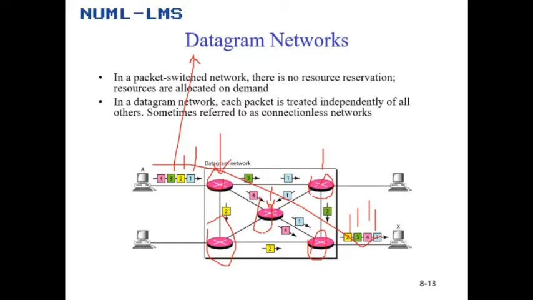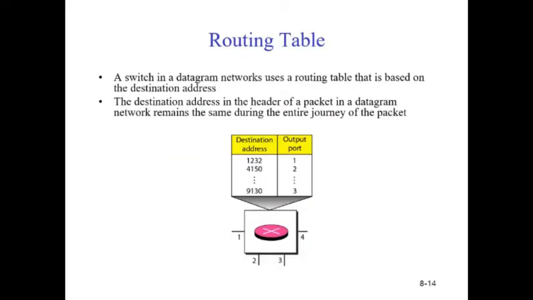So now let's talk about how this packet finds its way to the destination. Let's talk about addressing a little bit. So we have routing tables for that. If there are no setup or tear down phases, how are the packets routed to the destination in datagram networks? Well, in this type of network, each switch has a routing table which is based on the destination addresses.